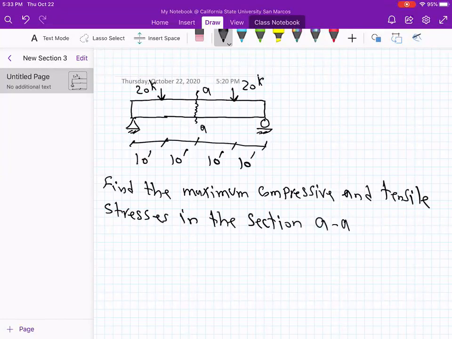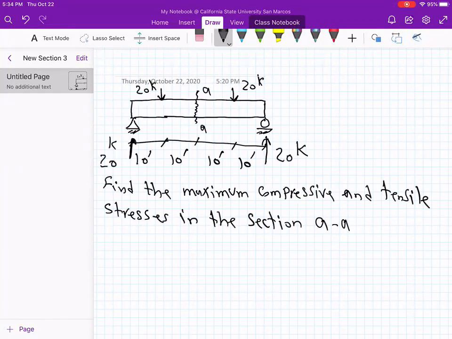This is a symmetric beam, therefore the reactions would also be 20 kips each one, right? You can use the summation of force in the direction of y, take the moment, but since the beam is symmetric, we have the same reactions, 20 kips. Okay. Now let's focus on the section AA.